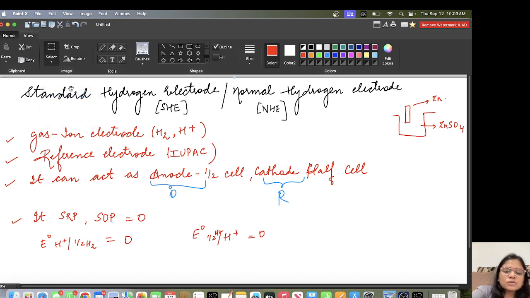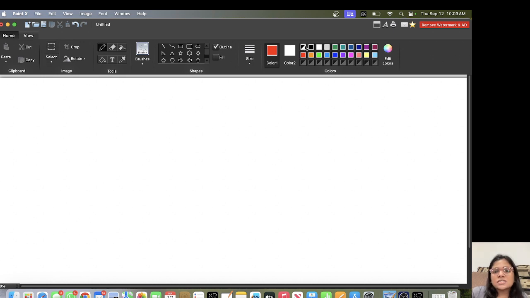Next thing which we need to study is its construction. How does the construction of the standard hydrogen electrode look, because it's not a normal electrode, right? It's a gas ion electrode, so its construction will naturally be different.